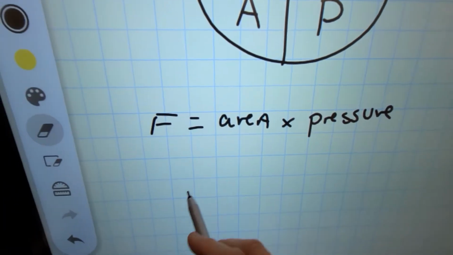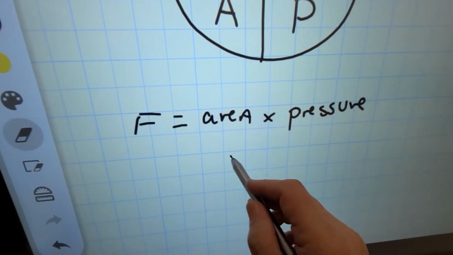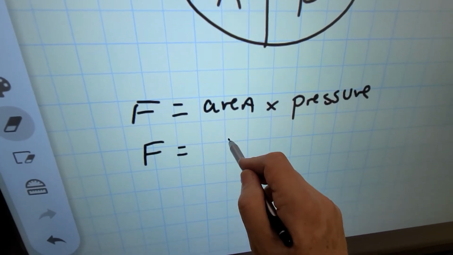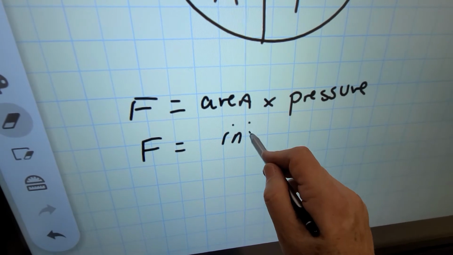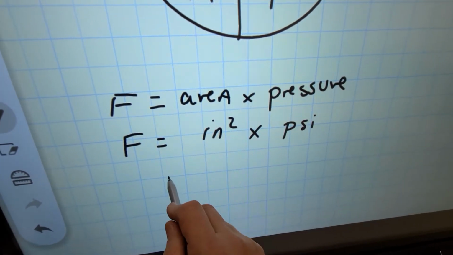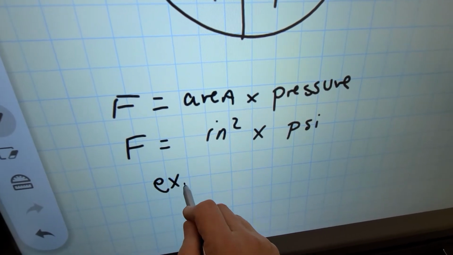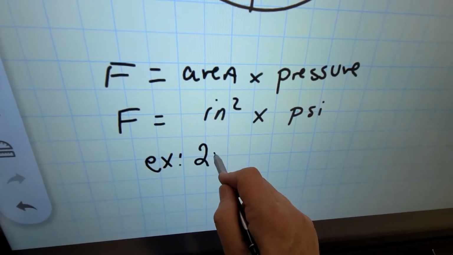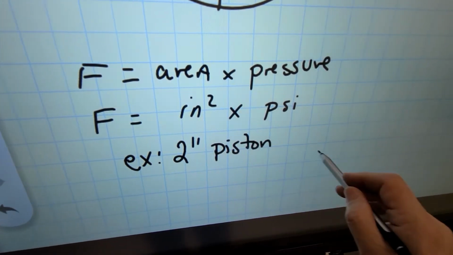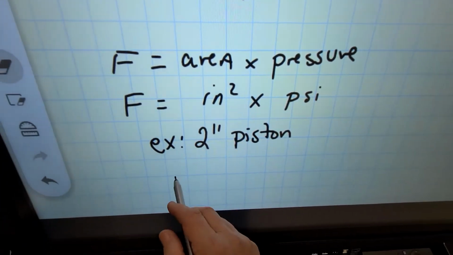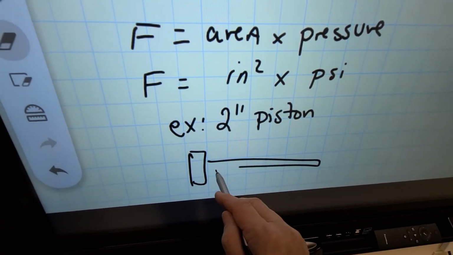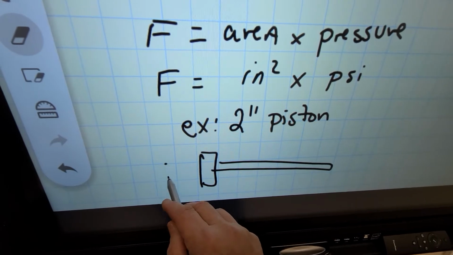Okay, so if we're talking about inches, let's use inches and pounds. Force is equal to square inches times PSI. So for example, if we have a 2-inch piston, here's my piston. Here's the rod coming out of the piston.